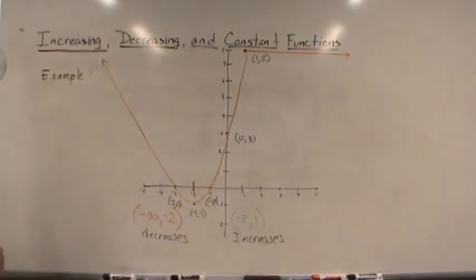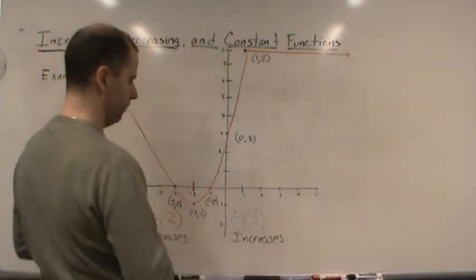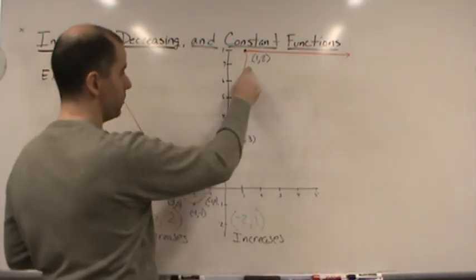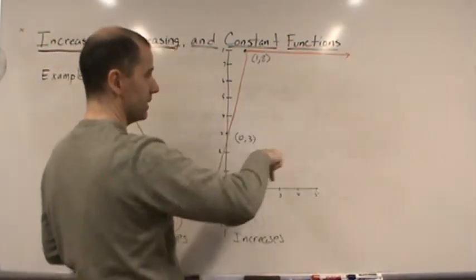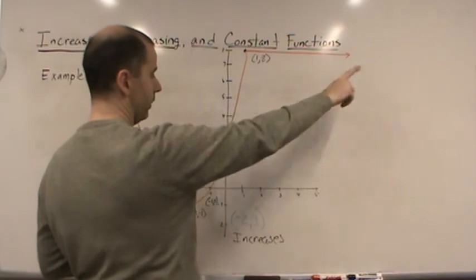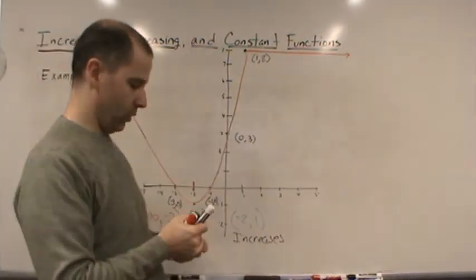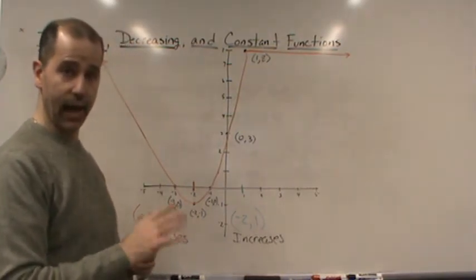So it increases from negative 2 to 1. Okay, and then what happens here? Well, from this point forward, off to positive infinity, from x equals 1 to positive infinity, it stays the same. It's a constant function. So it's a constant, horizontal line.